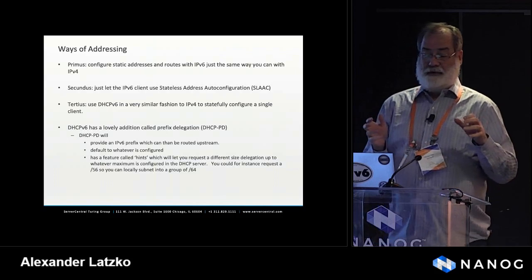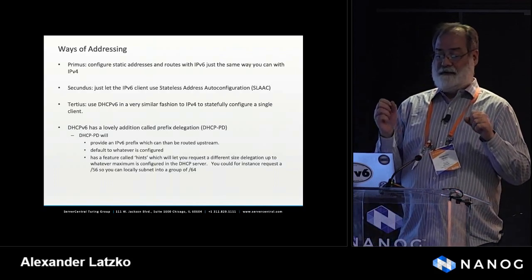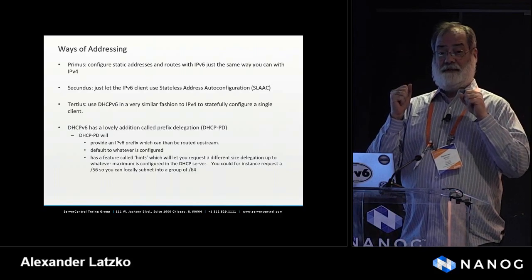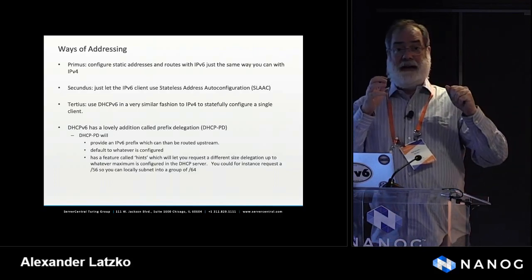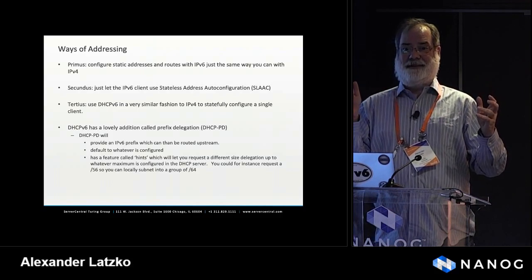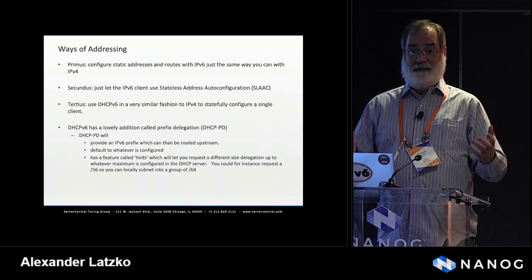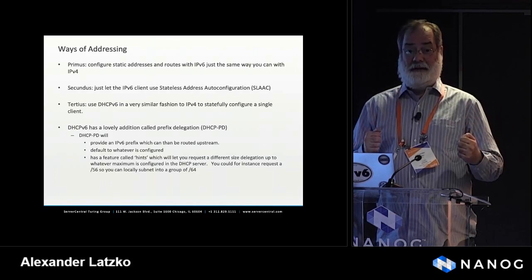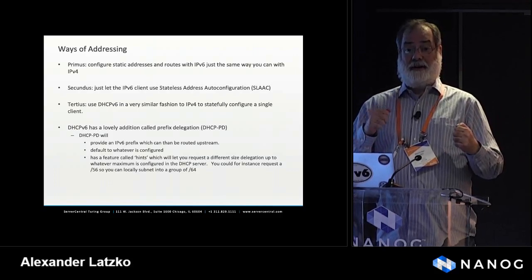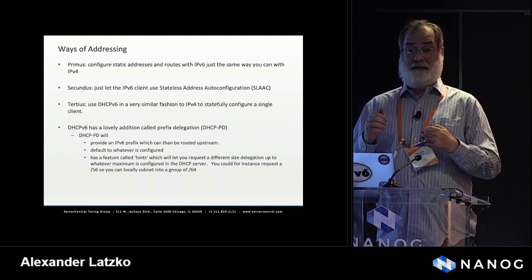Okay. The cool thing that DHCPv6 does is you can say, hey, I'm a subnet. Tell me what my subnet range is. And it'll give you a prefix. Nifty? Even better, you can ask it for bigger than a /64 using something called a PD hint.